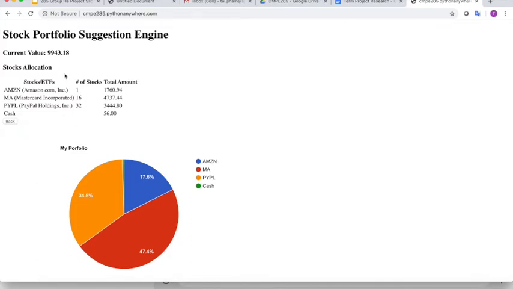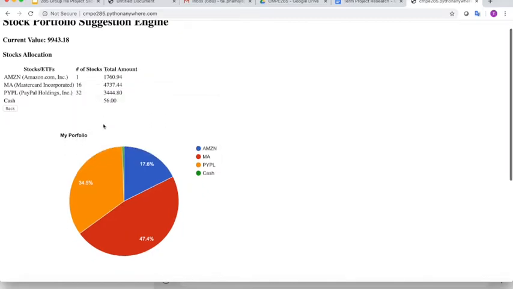Next we will see the current value of our investing. The current stocks in our portfolio, which are Amazon, Mastercard, and PayPal Holding, the number of shares of each stock, and the total amount of each of the stocks.